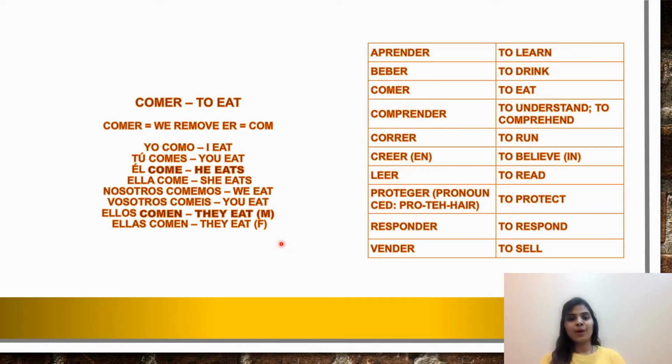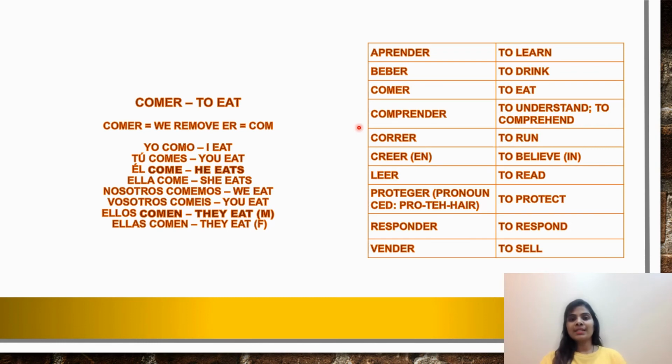A set of verbs for all of you to practice ER conjugations. Let's read out one by one the verbs that fall into the category of ER ending verbs. Aprender, to learn. Beber, to drink. Comer, to eat.